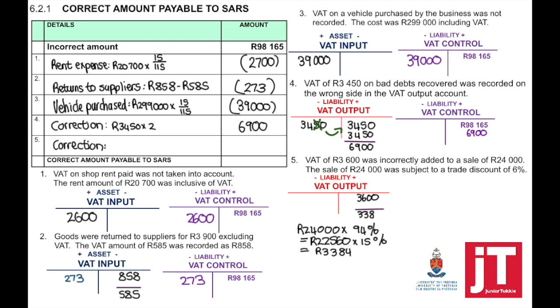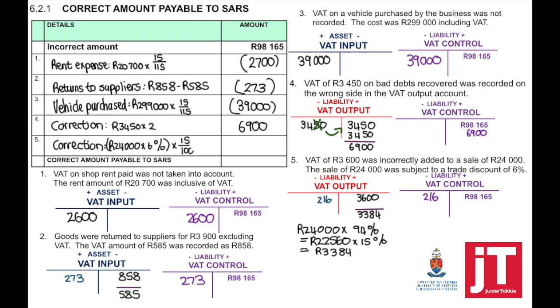But we have incorrectly shown it as 3,600, which means we've overstated it by 216. If my VAT output is debited, it means that the VAT control account will be debited, therefore minus 216 to the amount which was calculated incorrectly.